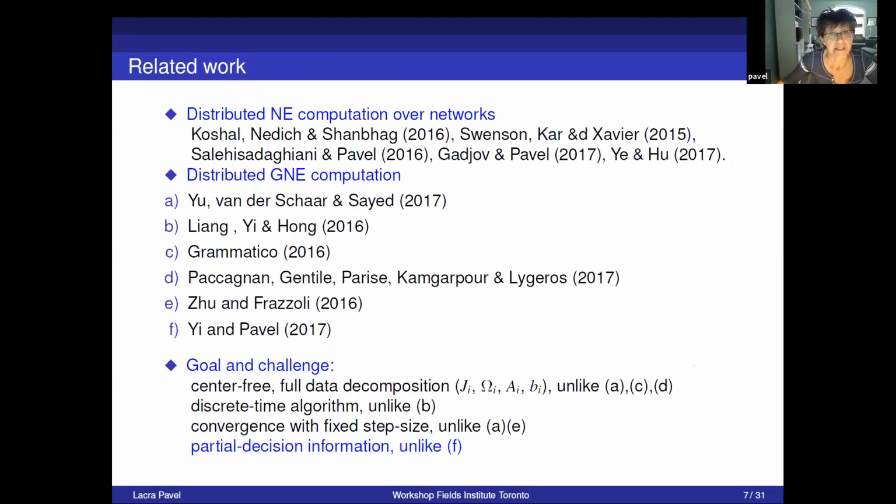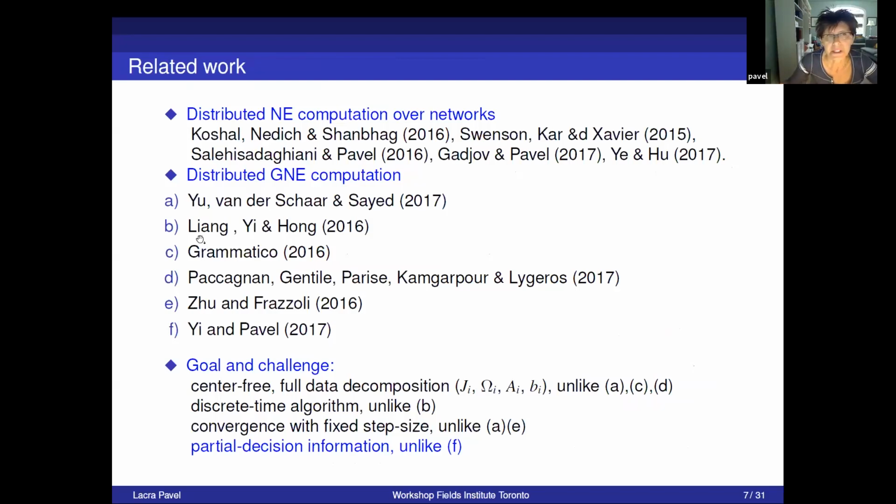I've put here just a sample of the type of recent work in this context. A lot has first been developed in the context of distributed Nash equilibrium computation, which means without coupled constraints. One of the first works was by Koshal, Nedic, and Shanbhag, and Salehisadaghiani, Pavel, and Xavier. That's 5 years ago.